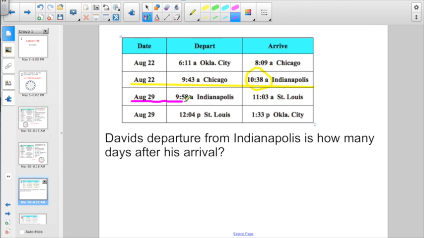August 29th at 9:58 a.m. But they're not talking time on this one yet. They want to know how many days there are. So we just have to figure out how many days there are from the 22nd to the 29th of August. Can you do that one in your head? Hopefully you know there would be 7 days from the 22nd to the 29th.